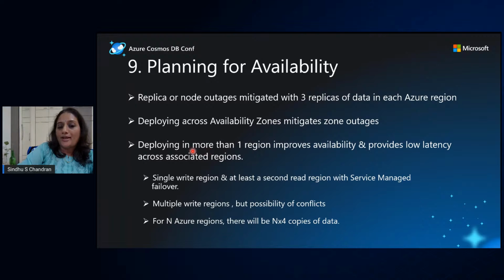And when you deploy more than one region, you can have a highly available application, and you could be writing in one region. So this is the option that Kirana Q opts for, which is a single write region. So you write to one region, but the read is available from more than one region. So this is a good option to provide high availability and low latency.